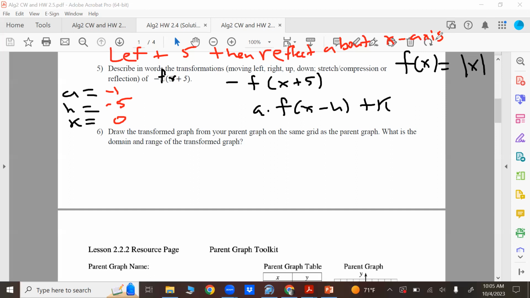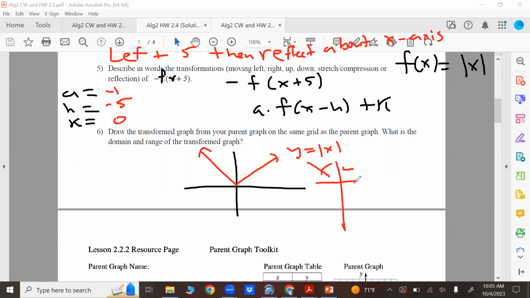So now let's actually draw it. The parent function looks like this again. We know this, right? And a little table: 0, 0; 1, 1; negative 1, 1.